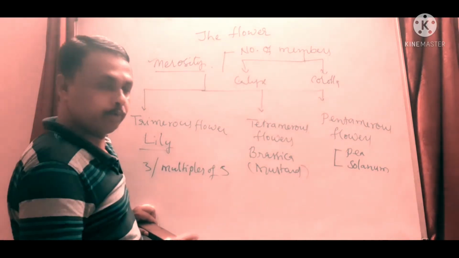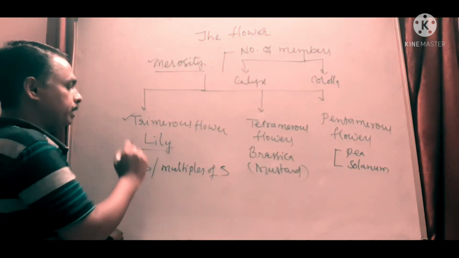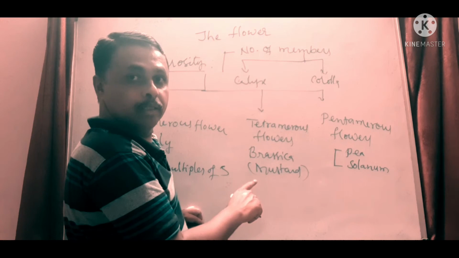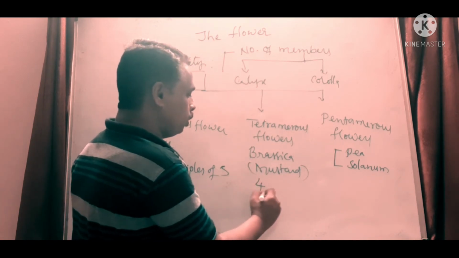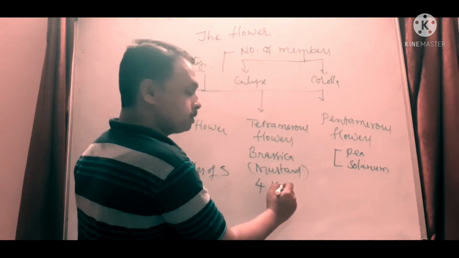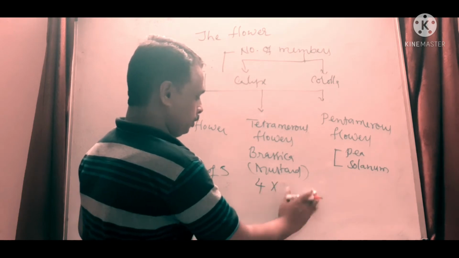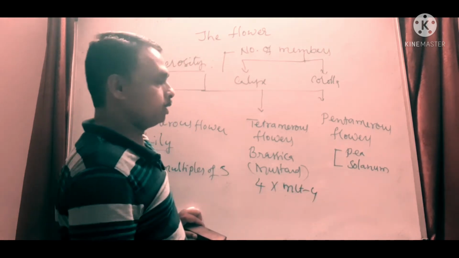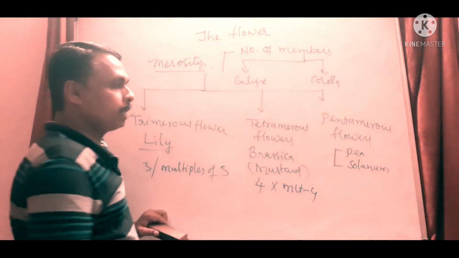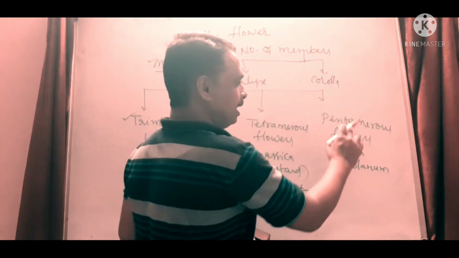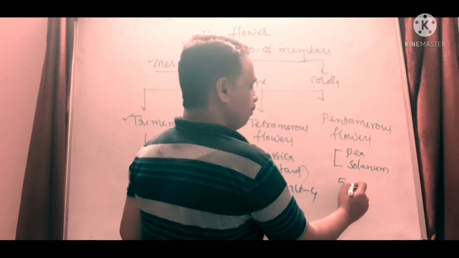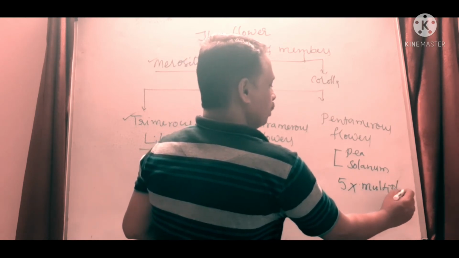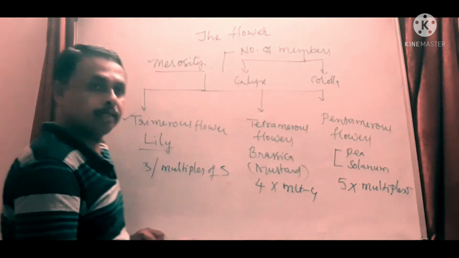That is seen in lily, a monocot member. Tetramerous: the number of members will be 4 or multiples of 4. Pentamerous: the number of members of calyx and corolla will be 5 or multiples of 5.